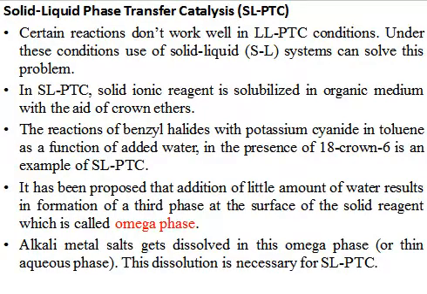An example of such reactions is the substitution of benzyl halide with potassium cyanide. Here we are using potassium cyanide in solid form, and we are using benzyl halide in toluene. Toluene is a nonpolar solvent, it will not solvate your anion. So we make use of a crown ether. In this specific case, the crown ether used is 18-crown-6 ether, right?